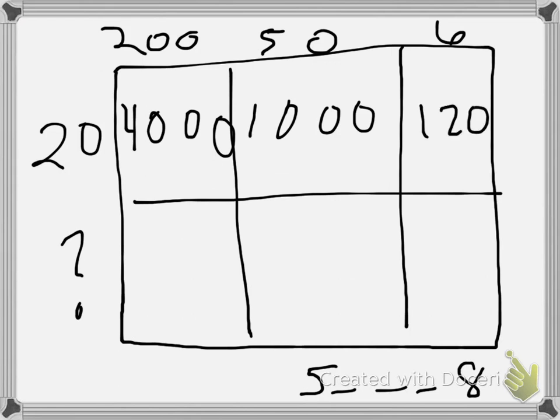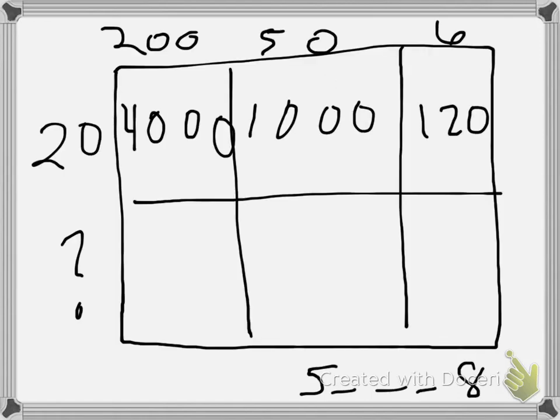Alright. Now we're going to take these numbers right here and add them all up. So when I add up all these numbers, I come up with 5,120. Alright.